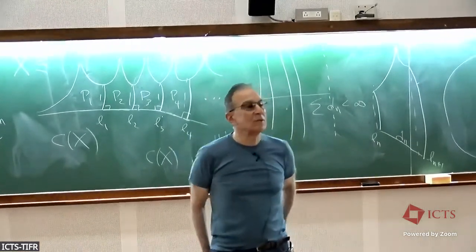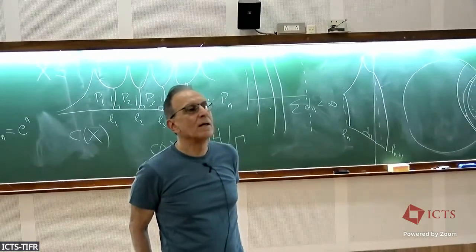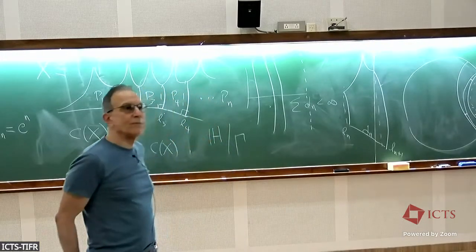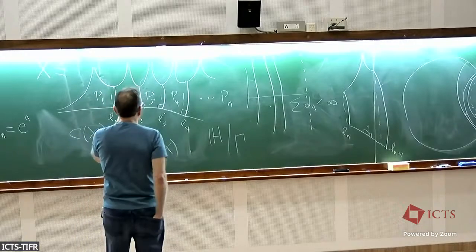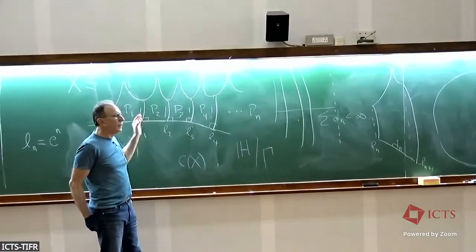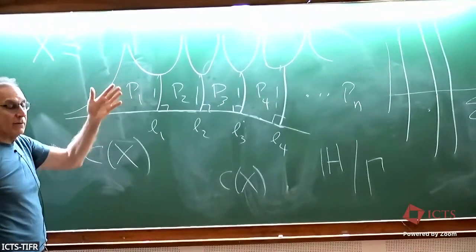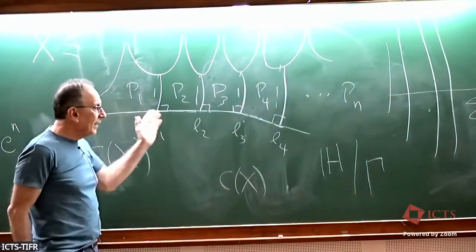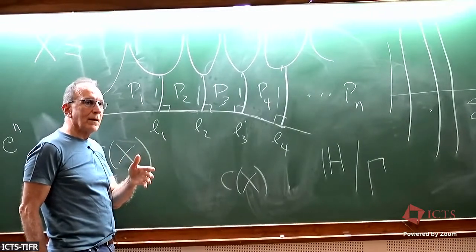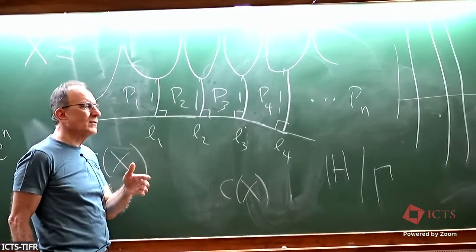What's the universal cover? What was the question? Well, so you mean in this construction or you mean generally? Yeah, okay, right. So I guess it's part of the theorem. I'm just trying to process how to answer your question.